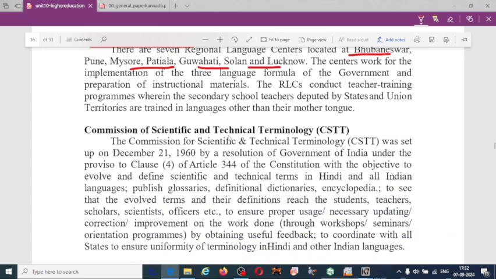Commission of Scientific and Technical Terminology, CSTT, which was set up on December 21st, 1960 by the Government of India.